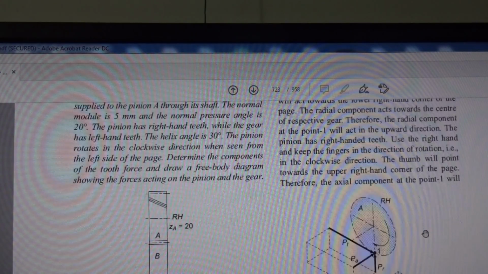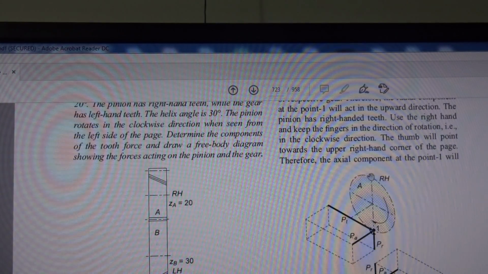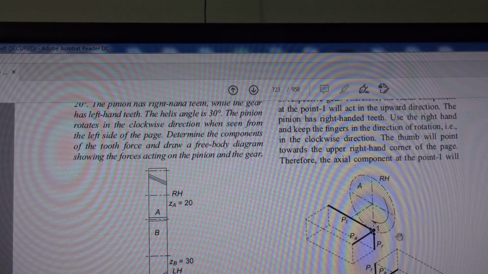Now the direction of the force was already explained in the theory. It is right-handed. PT acts in the opposite direction of the motion of the driving gear, so PT is upward in this direction, PR is towards the center, and PA direction is for the right-handed helix.